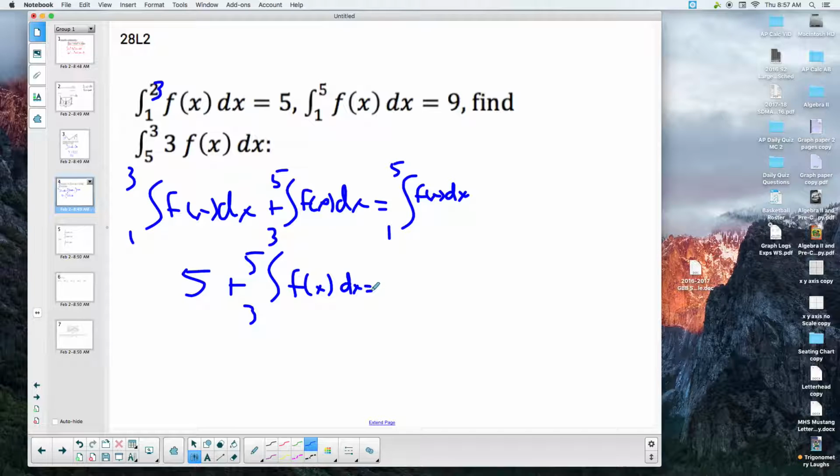And then from 1 to 5 is 9. Now we can solve this for from 3 to 5. We get 4. And now we're looking for the integral from 5 to 3. Well, that's the same thing here, except we negate it. And the 3 is a constant, so you pull that out front. It ends up being 3 times negative 4, which is negative 12.